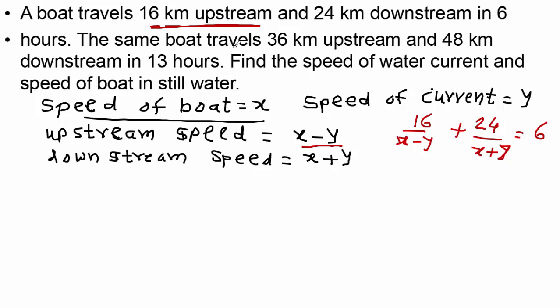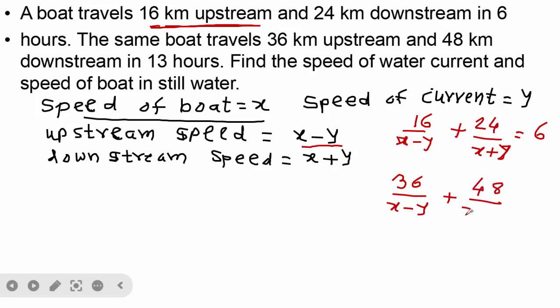Similarly, 36 kilometers in the upward direction: 36 divided by x minus y plus 48 divided by x plus y equals 13 hours.